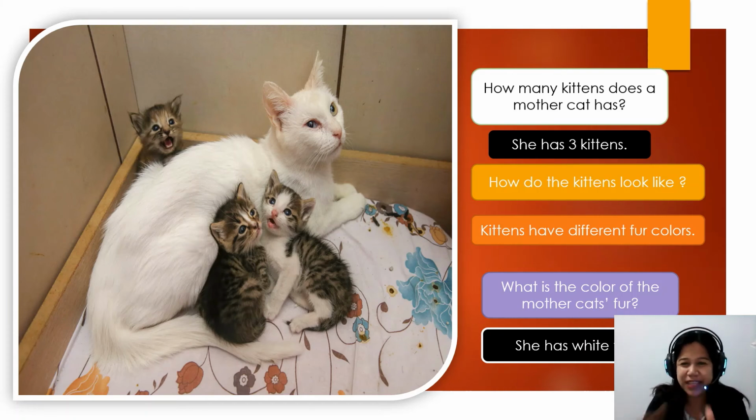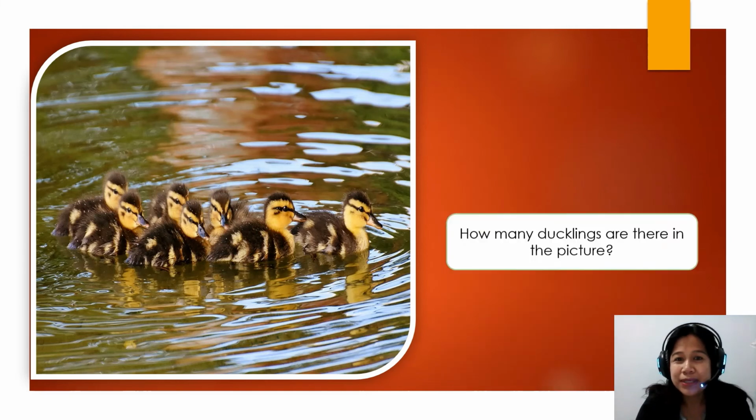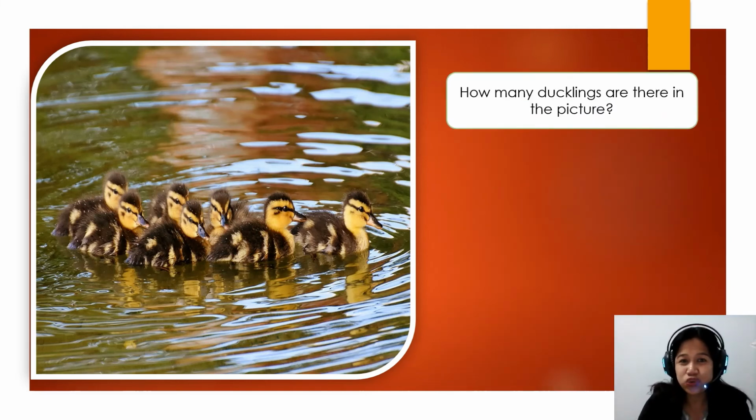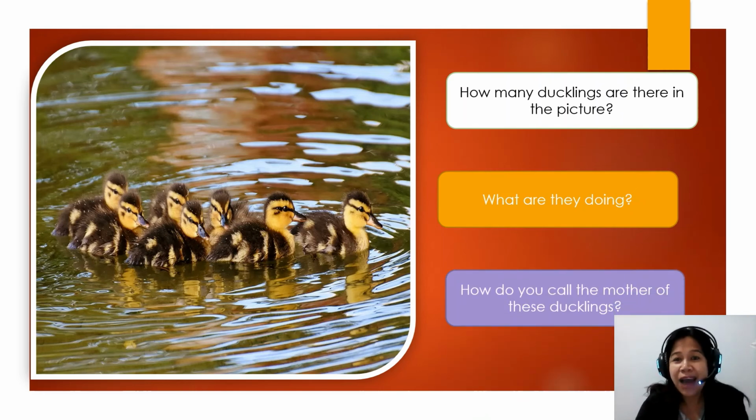Double thumbs up for grade 5. Let's take a look at the next one. Ooh! The ducklings are swimming. Now, how many ducklings are there in the picture? What are they doing? How do you call the mother of these ducklings? Okay, let's answer. How many ducklings are there in the picture?